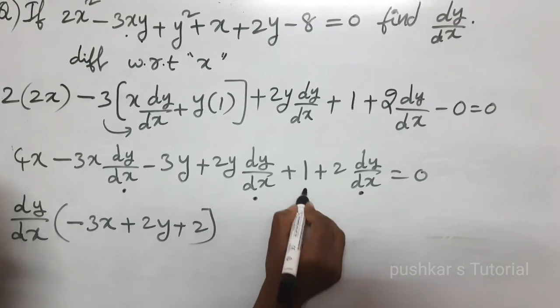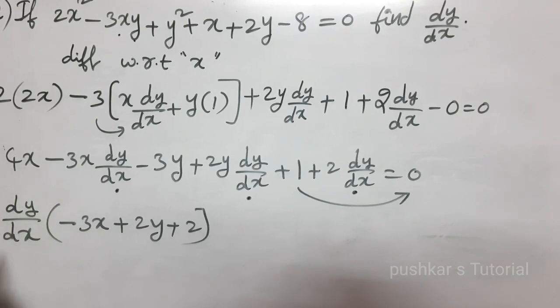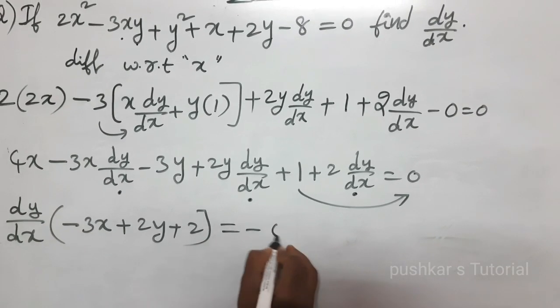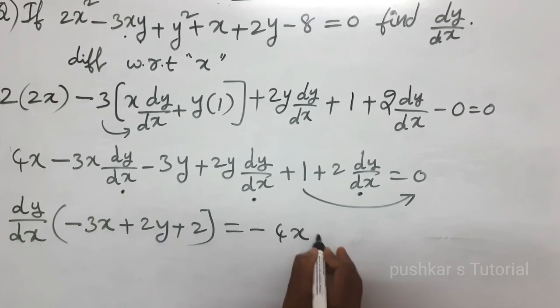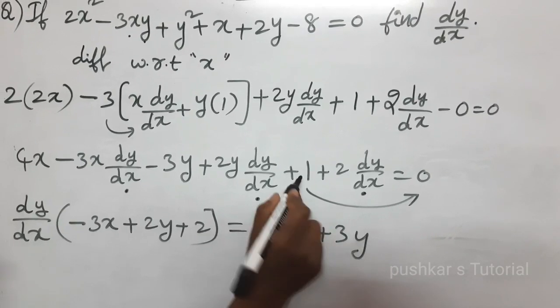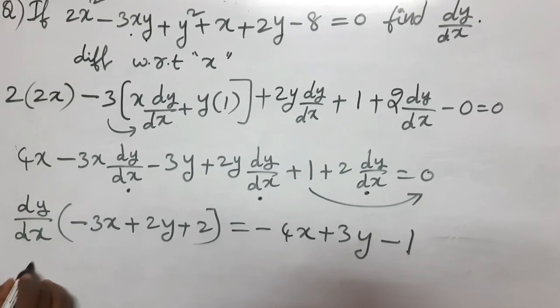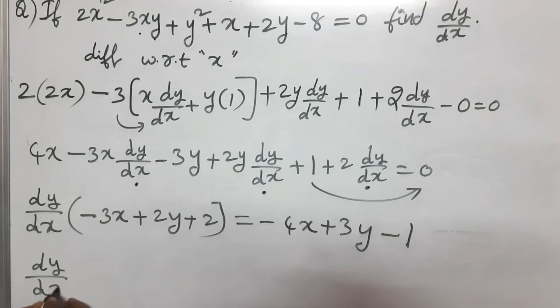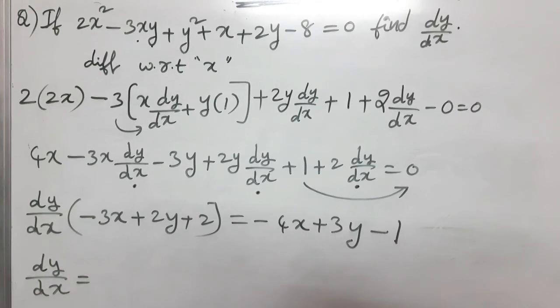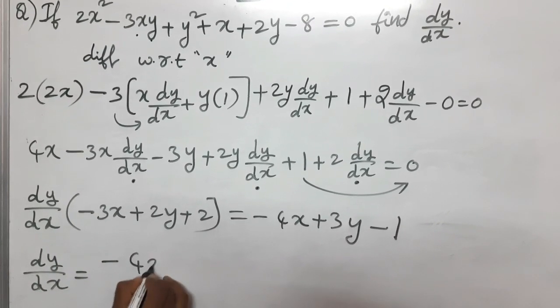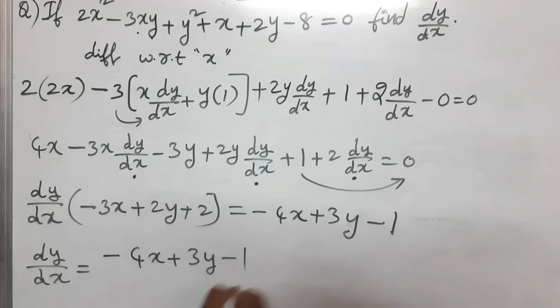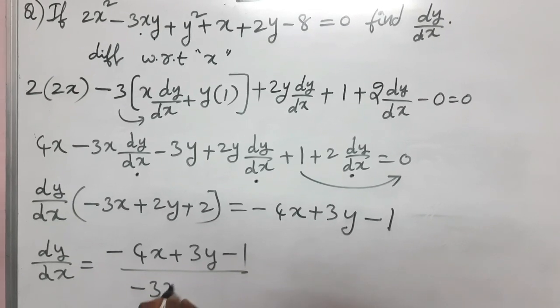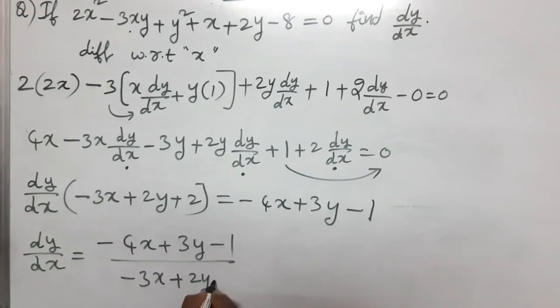Next, without dy by dx, send it to the right side. So this will be minus 4x, here plus 3y, and here minus 1. So I need dy by dx is equal to, the numerator goes to the right side, the denominator: 4x plus 3y minus 1 by minus 3x plus 2y plus 2.